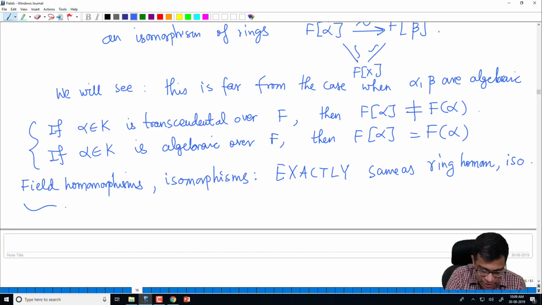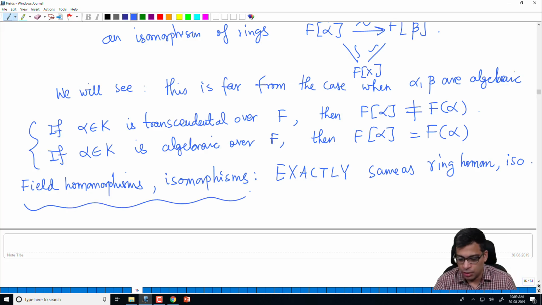So these are really not new concepts. The additional property of a field, that every non-zero element has an inverse, does not change what homomorphisms are. A ring homomorphism on a field will turn out to be a homomorphism of multiplicative groups also, but that comes out of whatever axioms we have for ring homomorphisms.